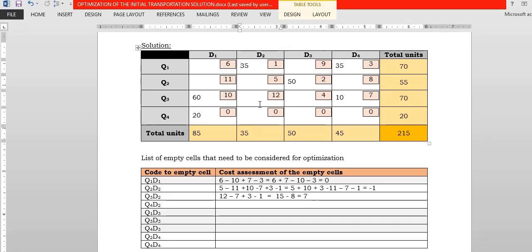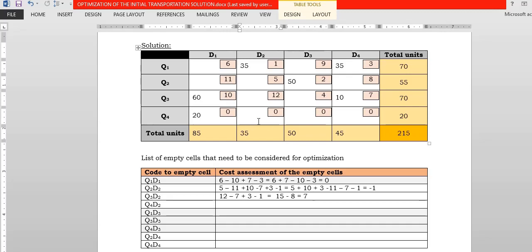Now here you have to be very careful because Q4D2 seems to be having a challenge, okay, because you see, when you start from here, Q4D2, when you go anti-clockwise, there is no attachment here. Because from here, Q4D2, there's no cornering. This one, you can corner here, come back there, come here, correct? But how far?